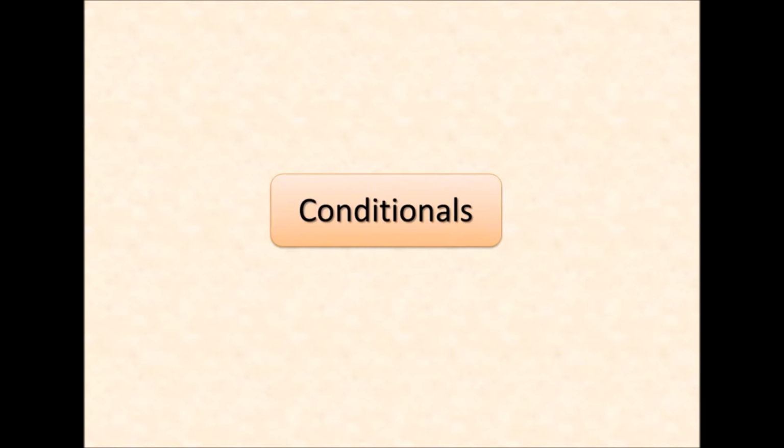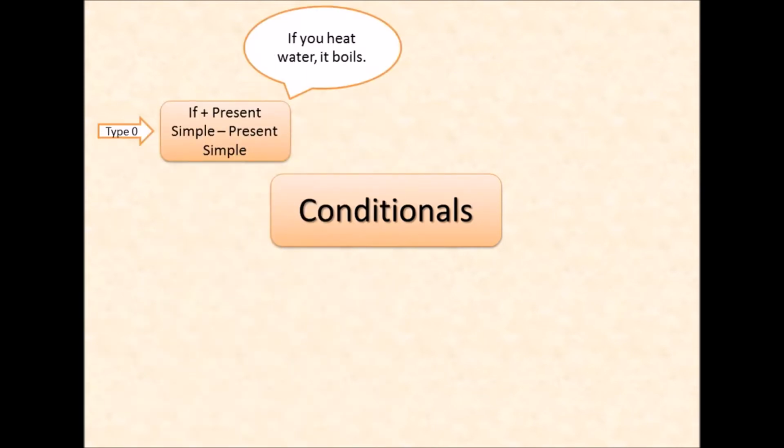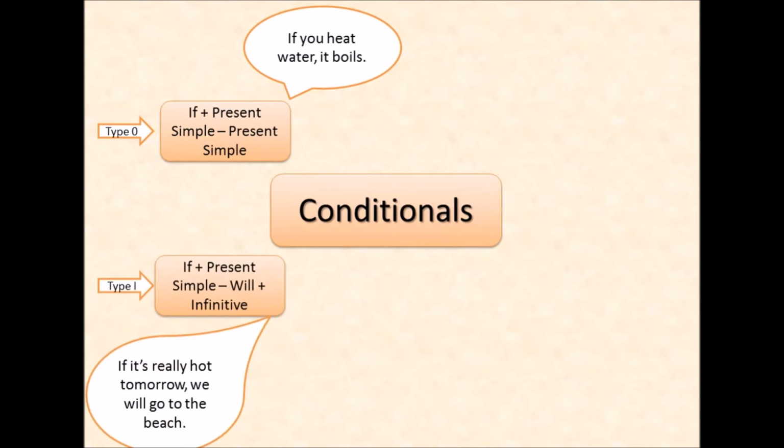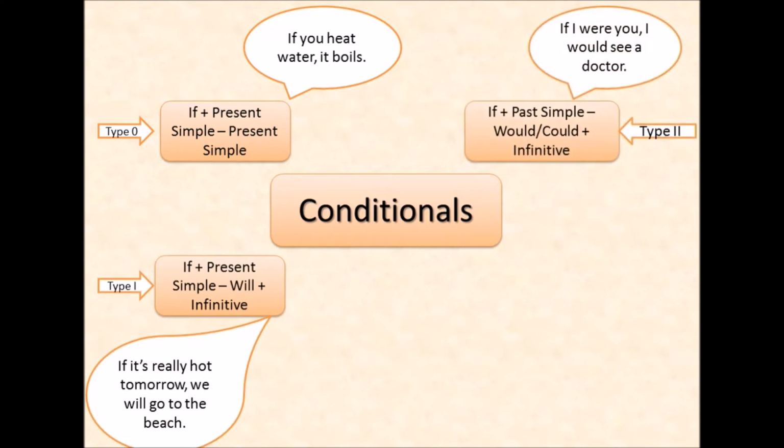Let me continue with conditionals. This is a slide to remind you that we have already learned the first 3 conditionals: type 0, type 1, and type 2 conditionals. 0 conditional is used to talk about general truths of nature or things that always happen.